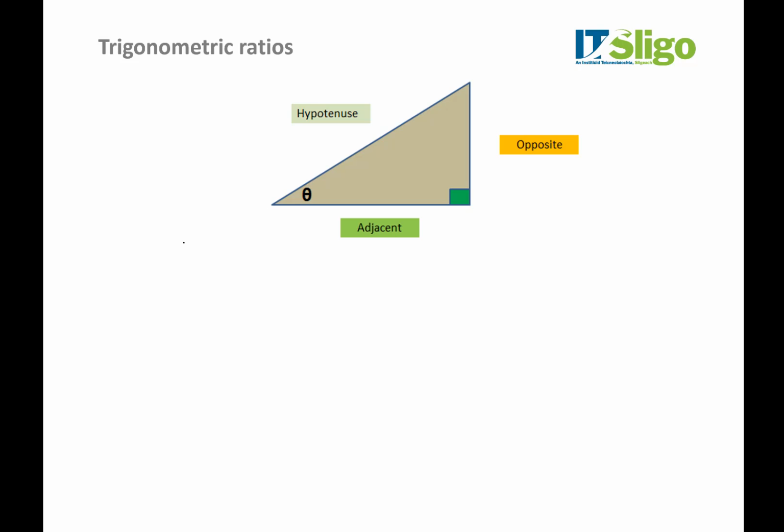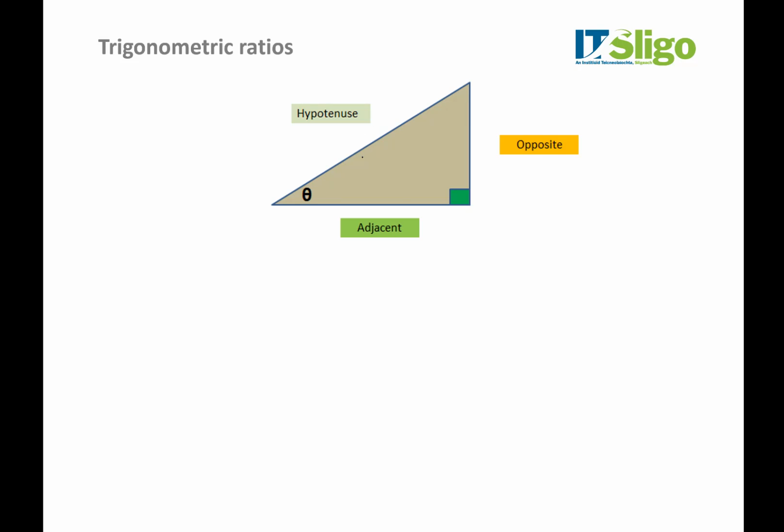So we'll formally take a look now at a particular angle theta. Theta could be up here either, but we're taking a look at it down in the bottom left. In this context, the hypotenuse is still the longest side. We're still looking at a right angle triangle, so the same language of Pythagoras applies.